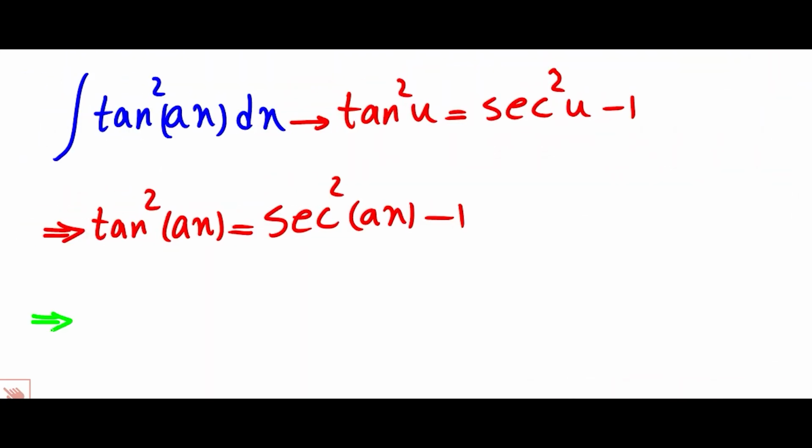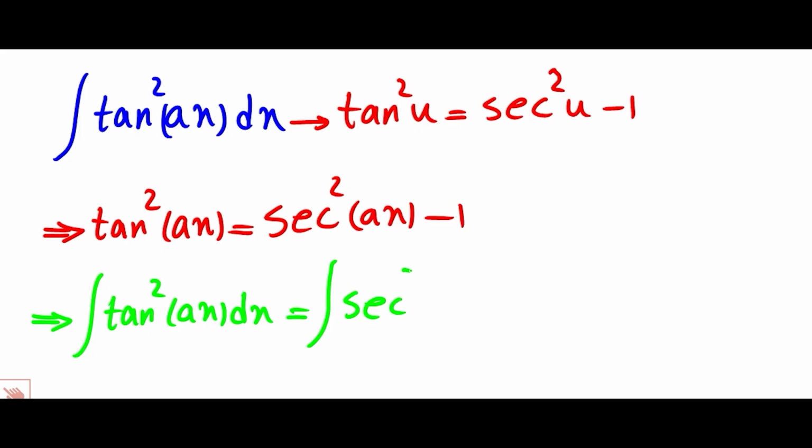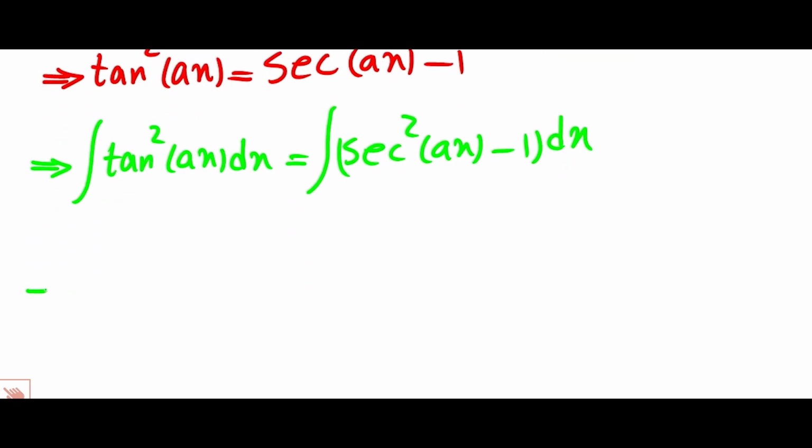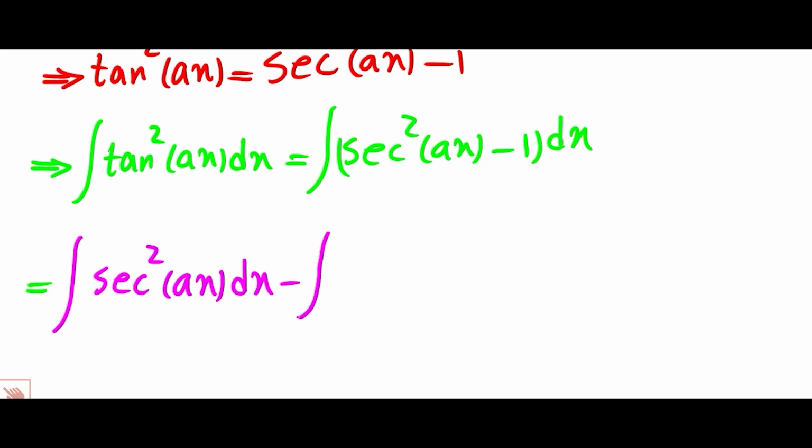So the integral of tangent squared of ax dx equals the integral of secant squared ax minus 1 dx. So we have the integral of secant squared of ax dx minus the integral of 1 dx.